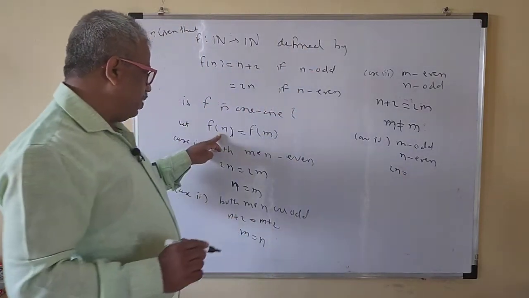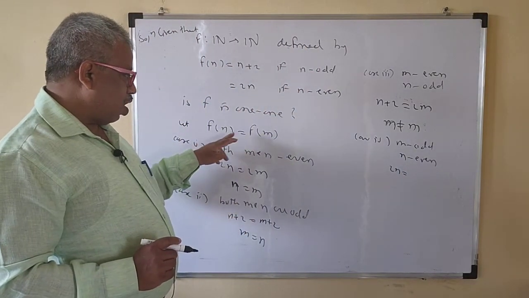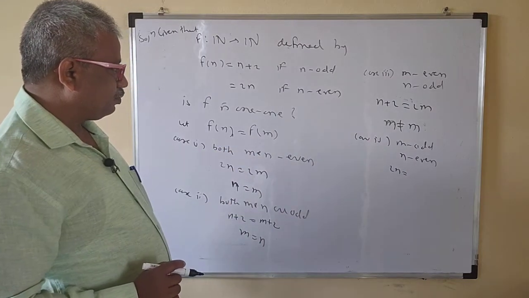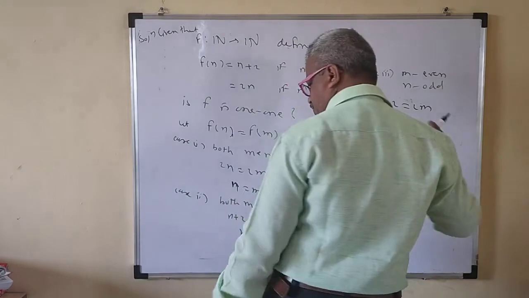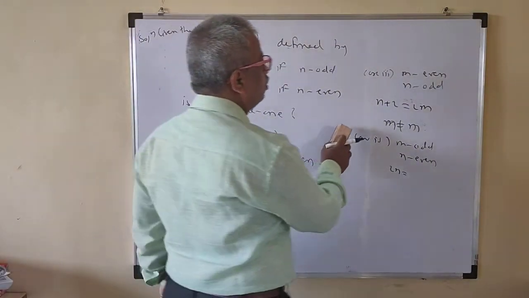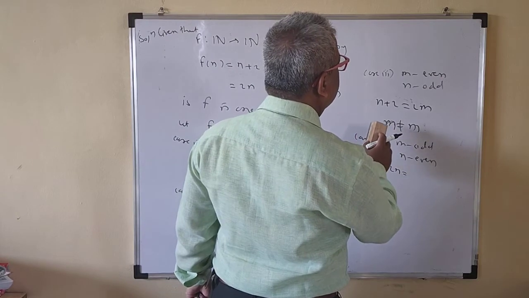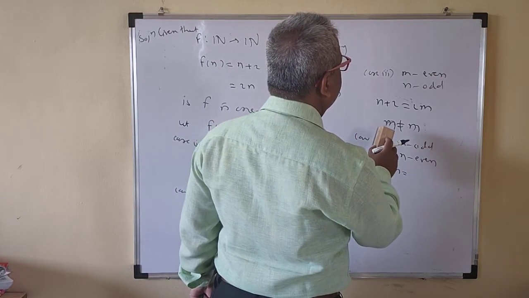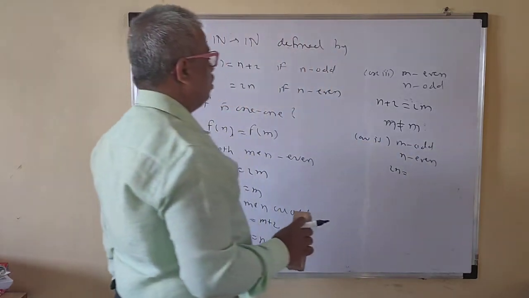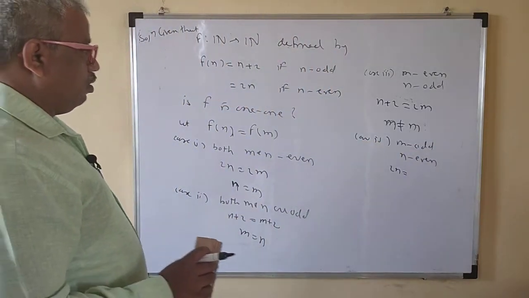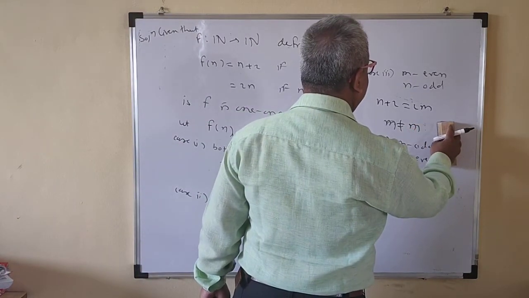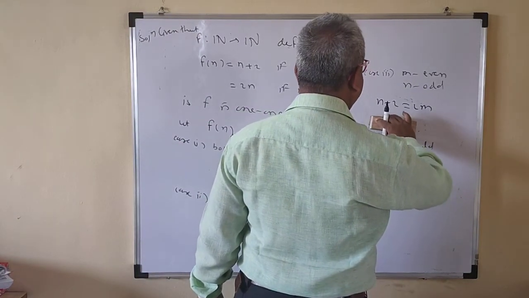Okay. So if m is odd, then m is not equal to n, you cannot say otherwise.